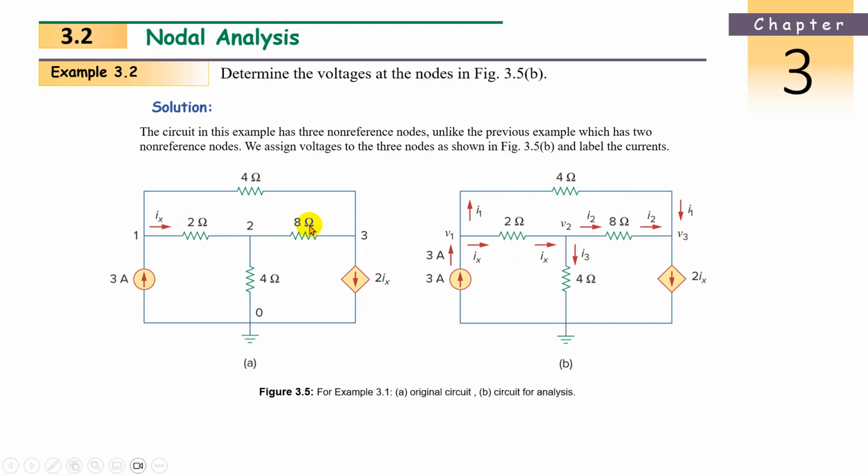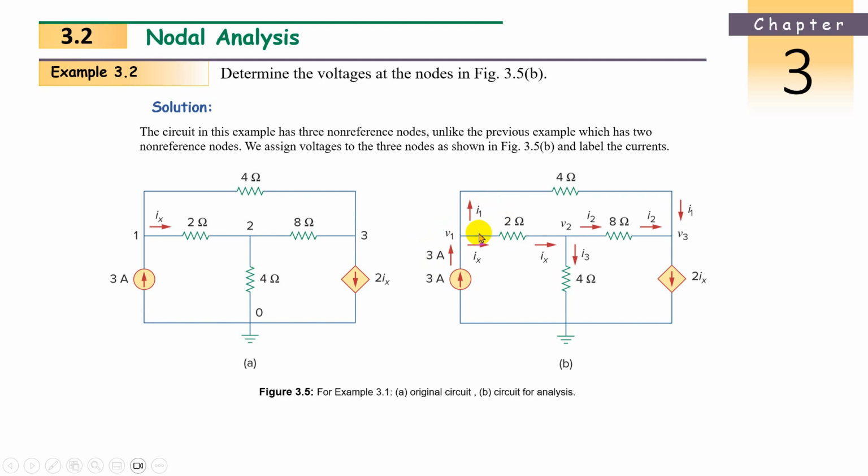Now, what we have to do now? We have to apply nodal equations for nodes V1, V2, V3. First node, Kirchhoff's current law: summation of currents leaving equals summation of currents entering. What are the currents entering the node? 3 amperes, equal to, because only one is entering, the remaining are leaving.